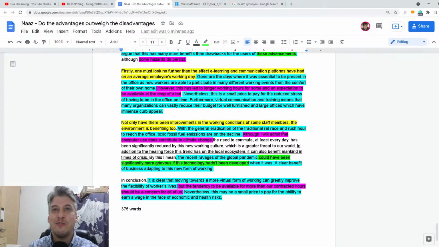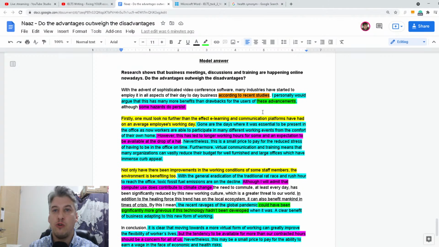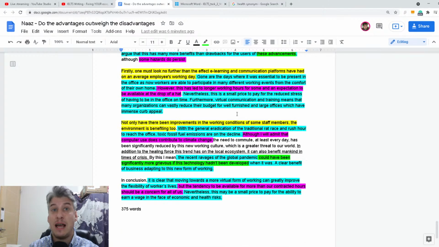And it's introducing a drawback to the use of these platforms, okay? The fact that using these platforms does also contribute to climate change, but it's less serious than commuting. This is the point I've made here, okay?